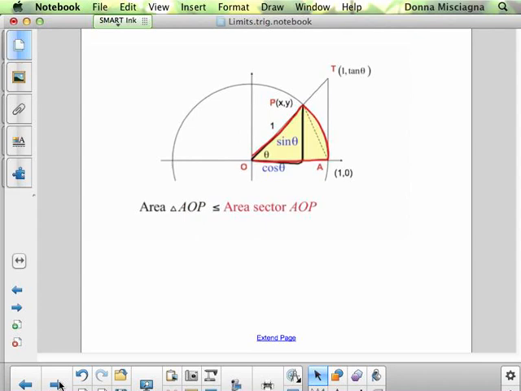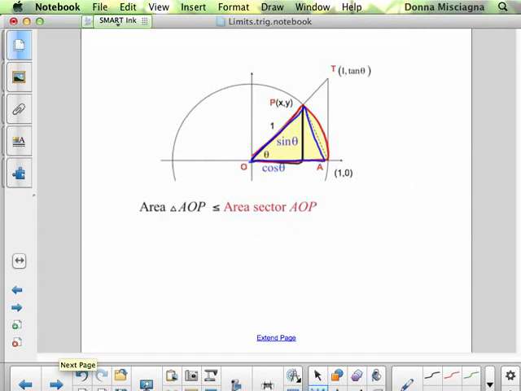It has a larger area than does triangle AOP, the yellow triangle. Well, we've got a yellow triangle with some overlapping part. But when I say the yellow triangle that's outlined in blue, because there are two yellow triangles there.